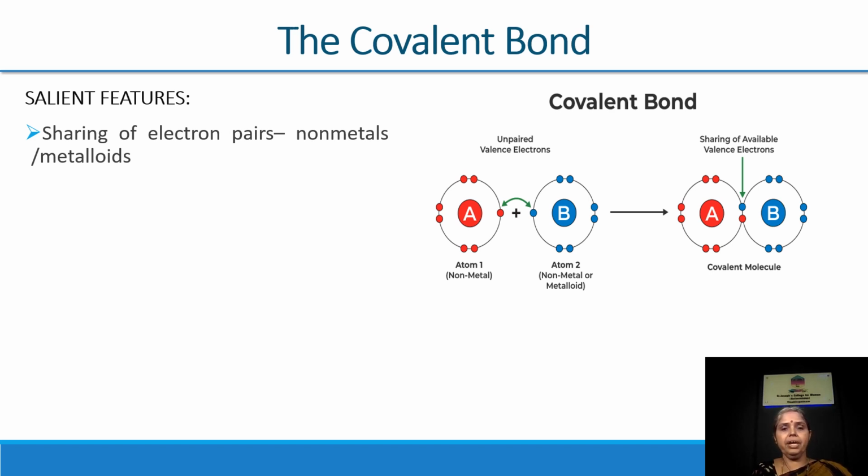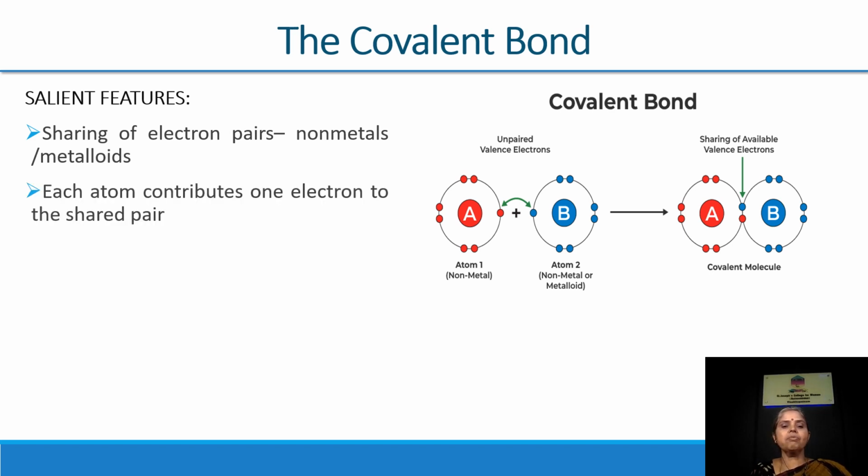That is to say, non-metals that are deficient of octet configuration, having less than 8 electrons in their valence shell, form homonuclear molecules as well as heteronuclear molecules by the sharing of pairs of electrons. Each atom contributes 1 electron to the pair, that is, both the atoms contribute 1 electron each.